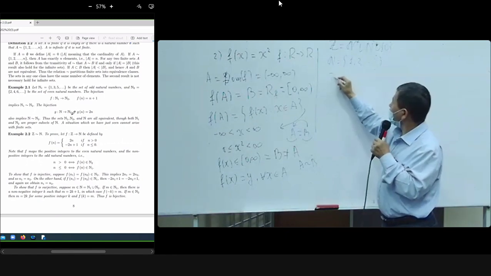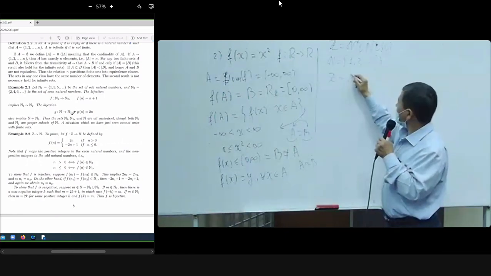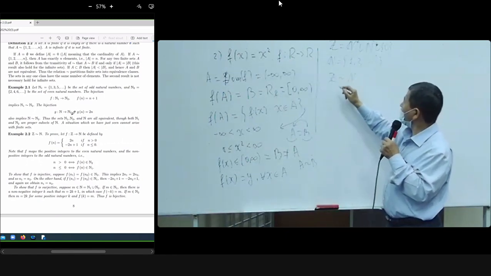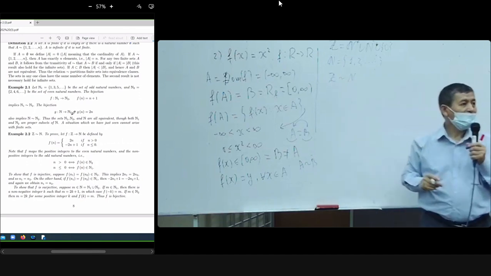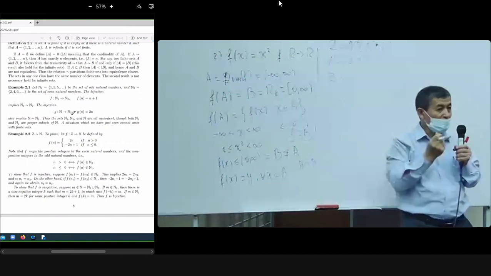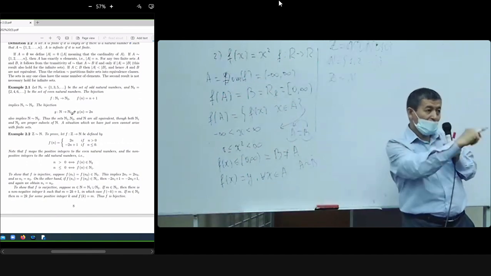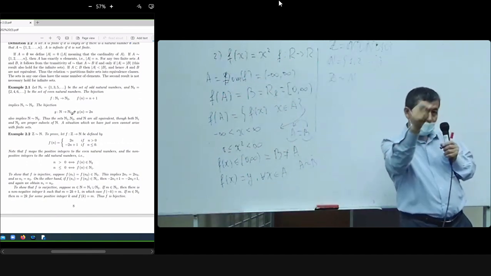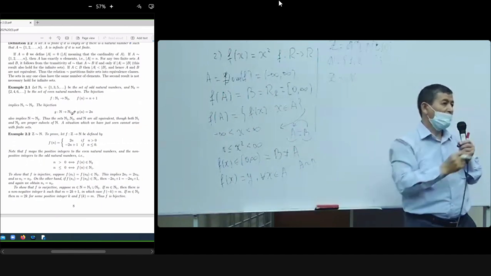How to show that Z is equivalent to N? We have to construct a bijective function mapping each other, from N to Z, from Z to N.